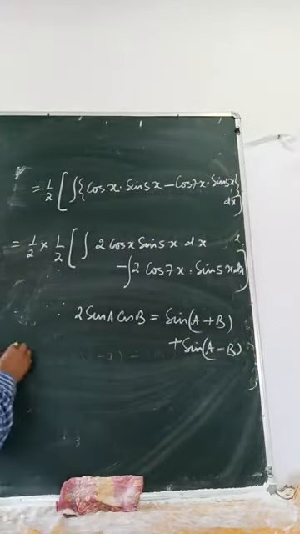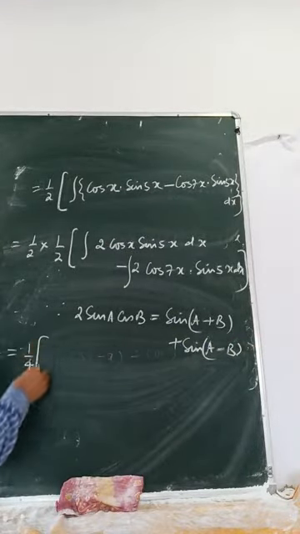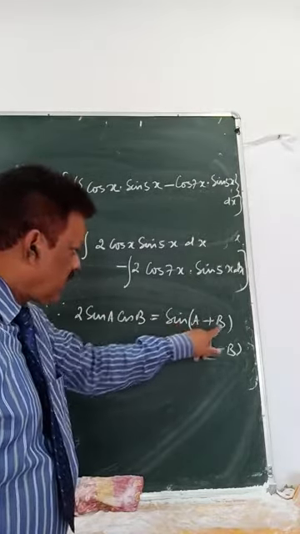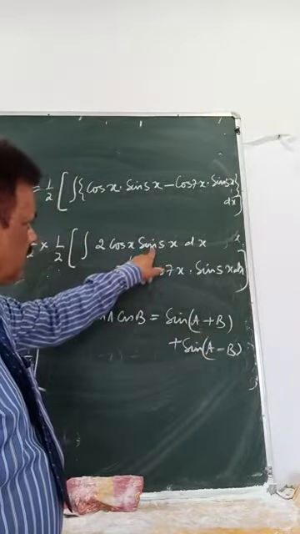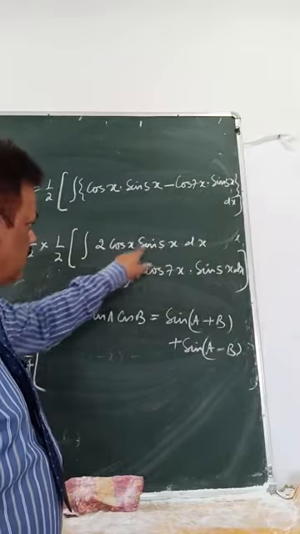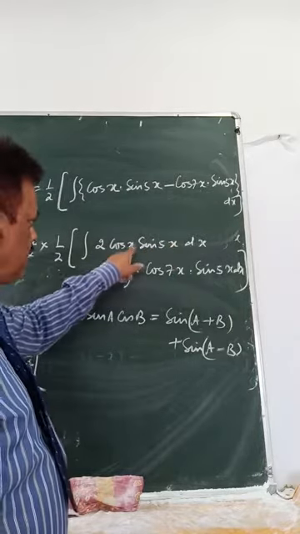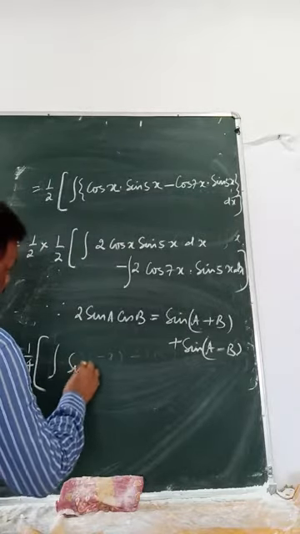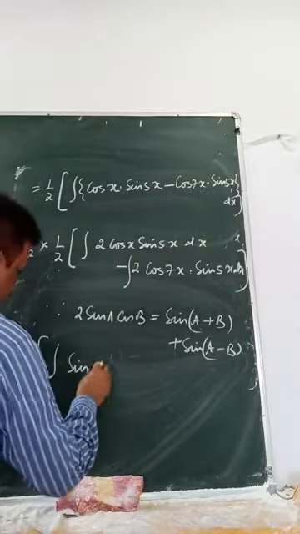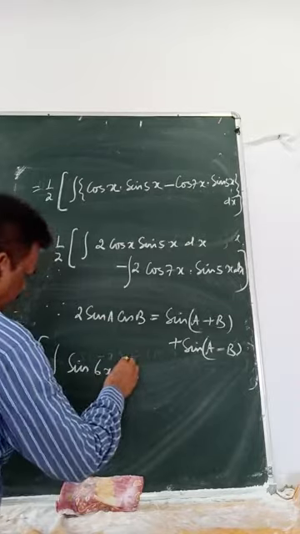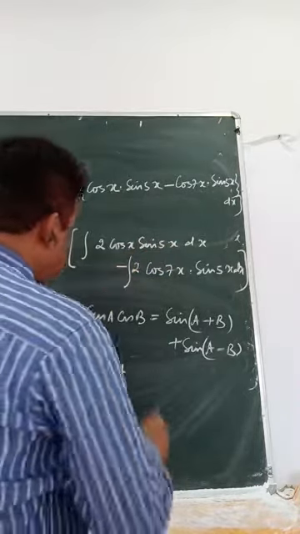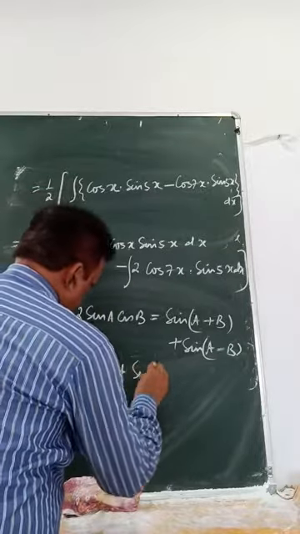So this is 1 by 4. Sin a plus b, that is sin 5x plus x, 6x, plus sin a minus b, means sin 4x.